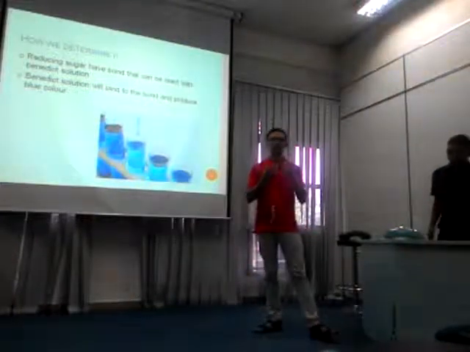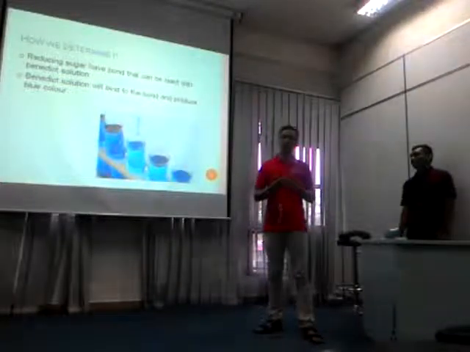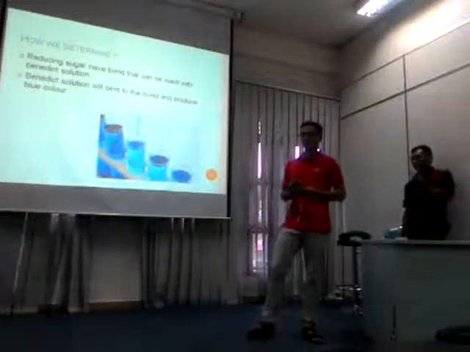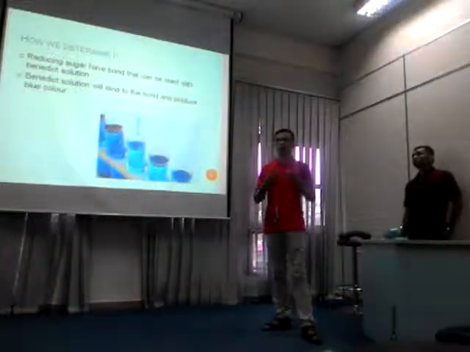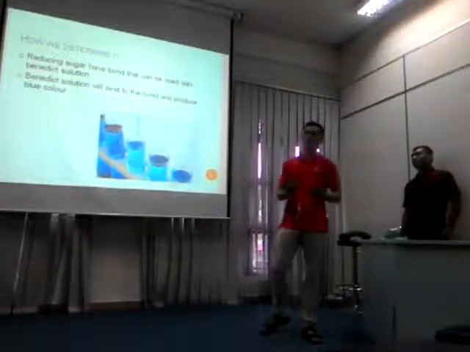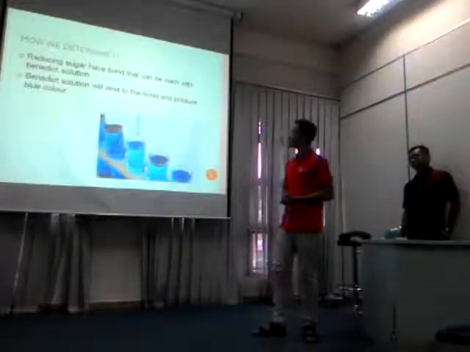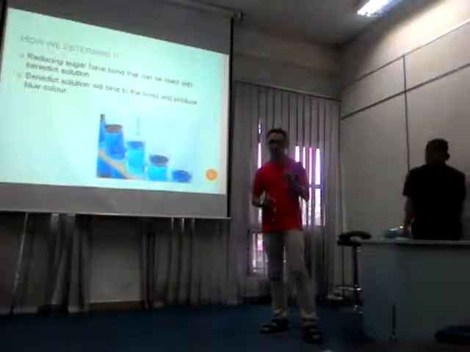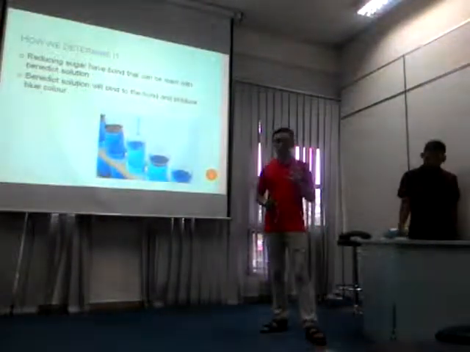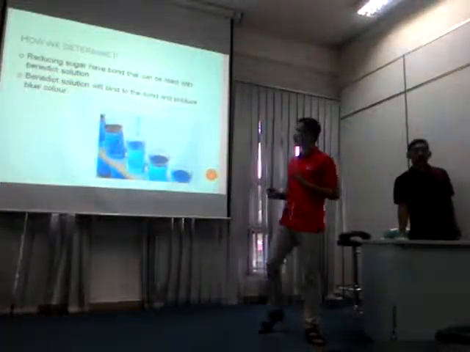After the sugar is broken down, we want to determine the concentration of the reducing sugar in the solution. So we use a special indicator, which we call Benedict solution.